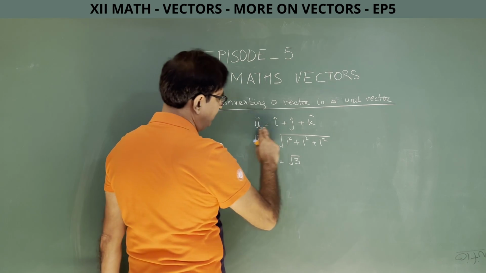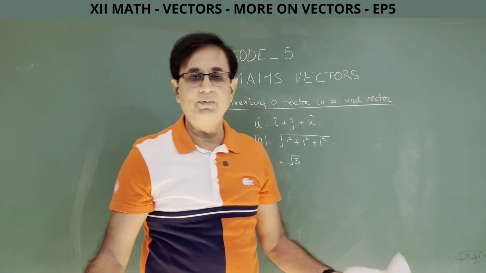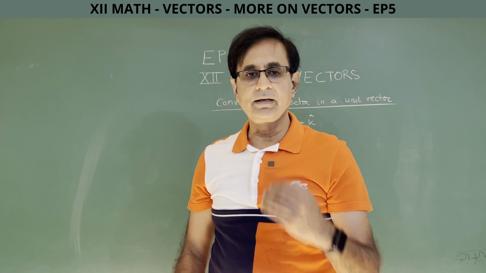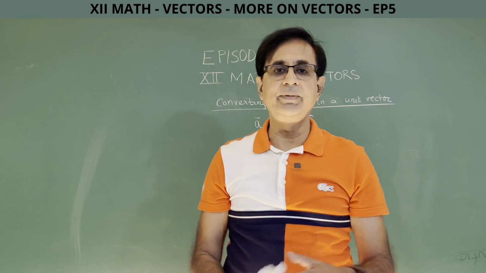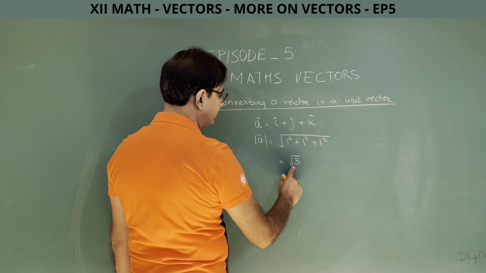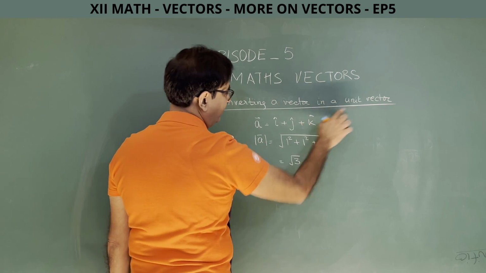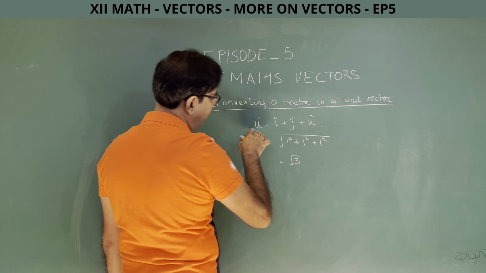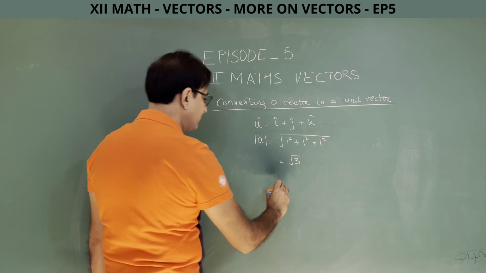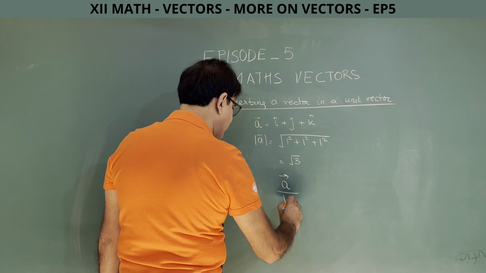So, this is a vector. Randomly I made some vector. I am again repeating it, I will be repeating it many more times. Every vector henceforth, going forward, will be expressed in terms of i, j and k. What is the magnitude of this vector? Root 3. Now, you want to convert this vector into a unit vector along the direction of what vector A is having. So, what you are going to do is divide the vector by its own magnitude.